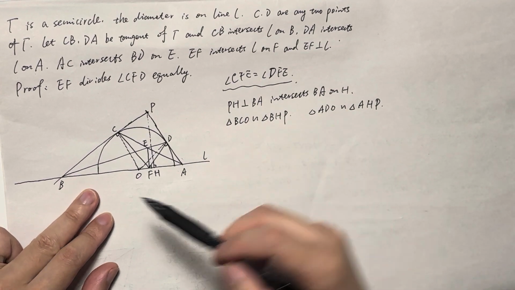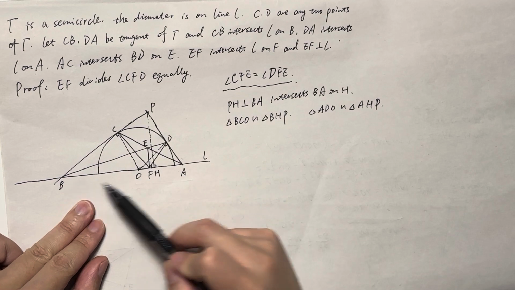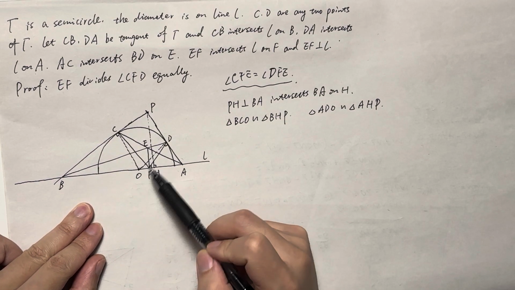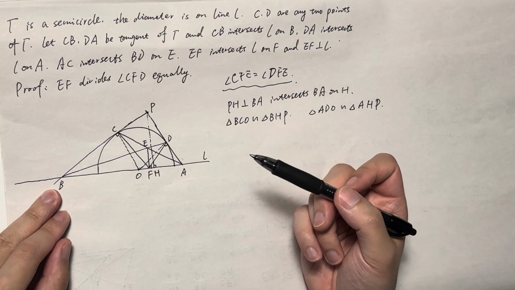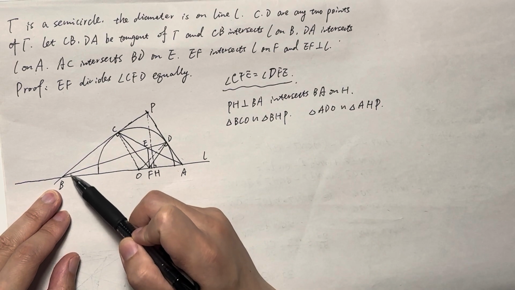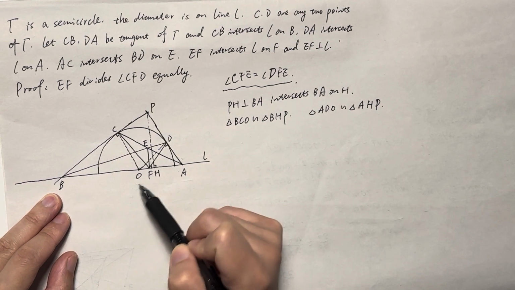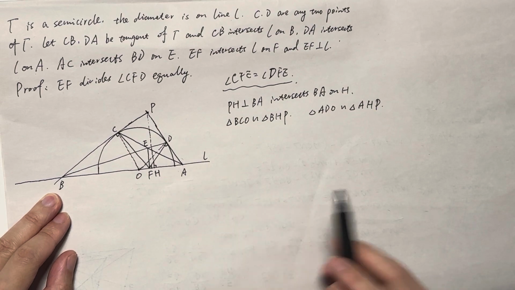Because CBO and PBH are both right triangles, and they share the angle PBH, and similarly for the right half.